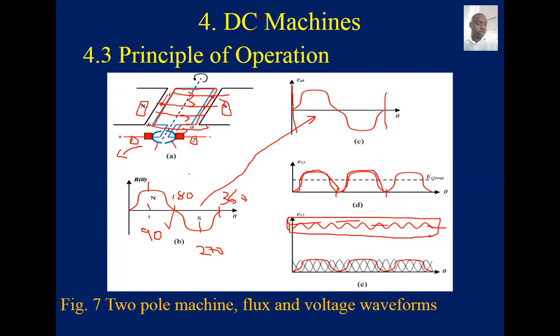So the most important thing to take note of when you are looking at either the motor or the generator, if it is DC, it uses split rings and brushes. It uses split rings and brushes as the contacts between either your load, if it is a generator, or your source, if it is a motor, with the coils.